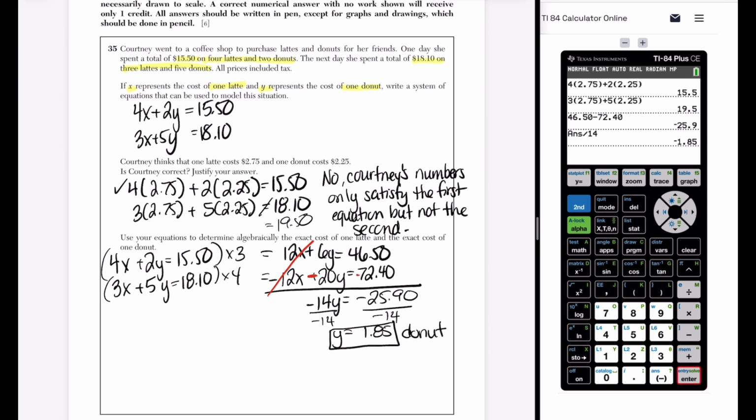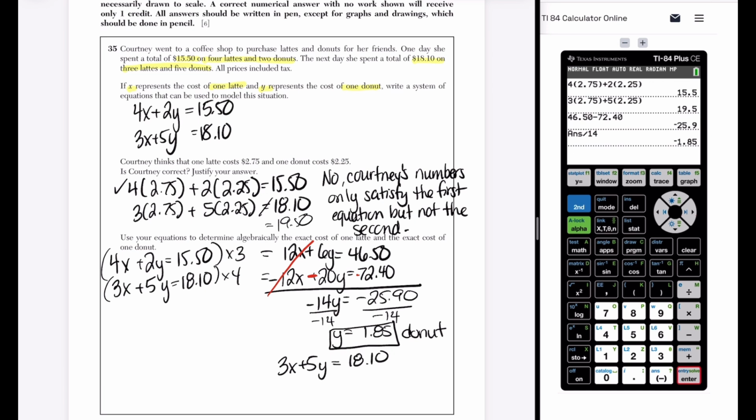It's $1.85. Okay. Now that I know what a donut is, I can substitute that in. So I can use any equation now, which I will. Let's do the easy one. Let's do this one, 3x plus 5y equals 18.10.